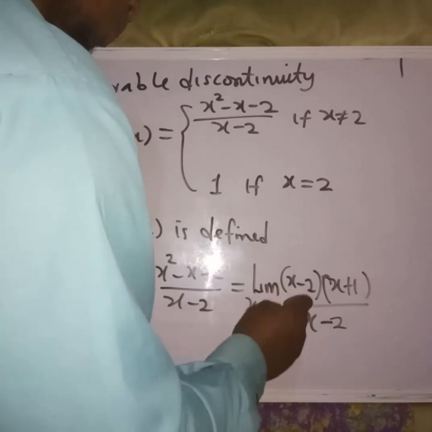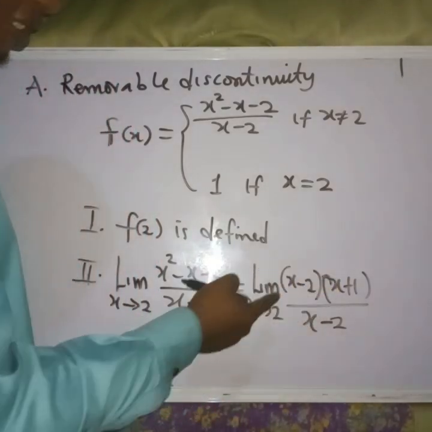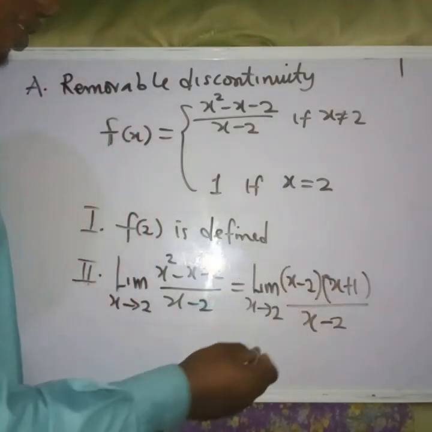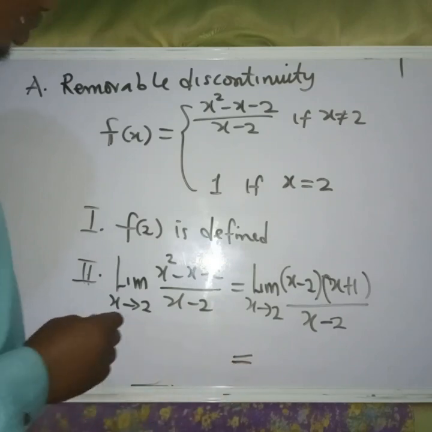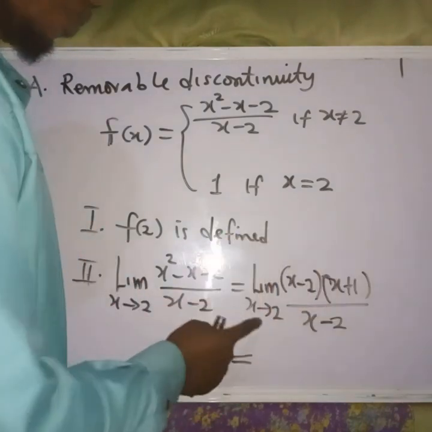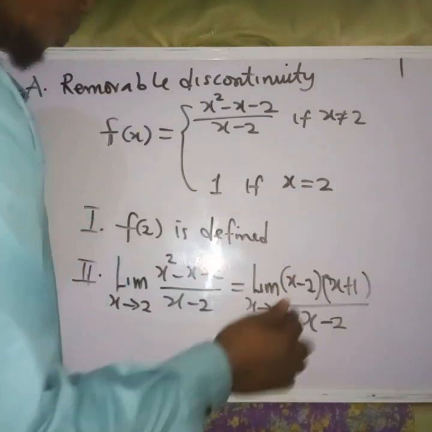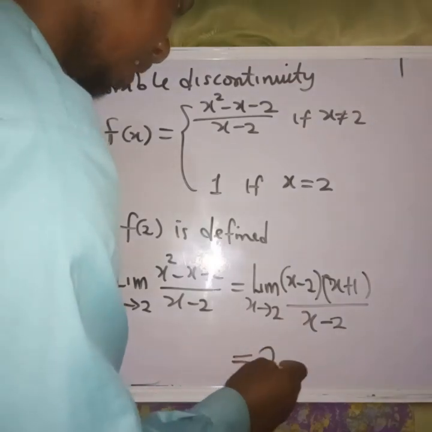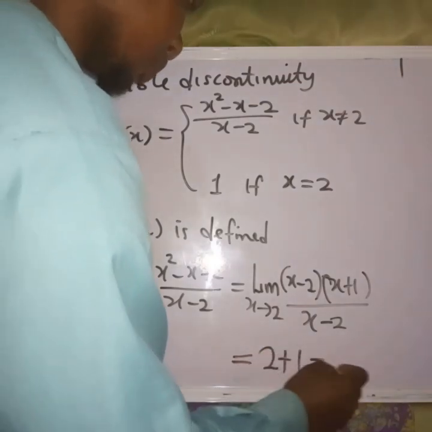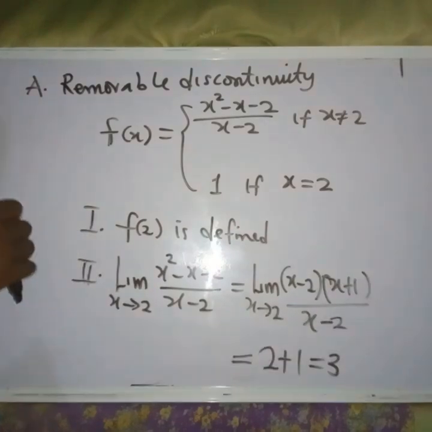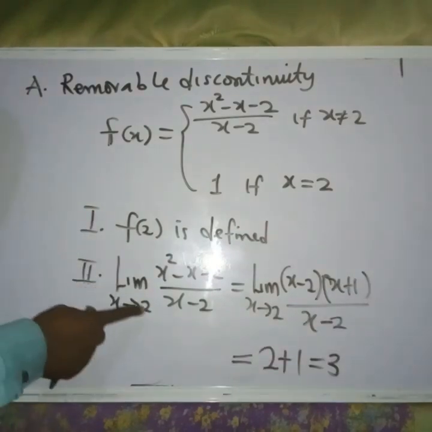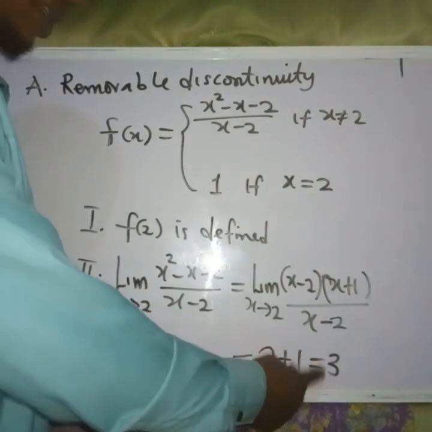This x minus 2 cancels out, and we are left with x plus 1. If we substitute 2, this will be 2 plus 1, which is equal to 3. So from the second condition, the limit exists and it is 3.